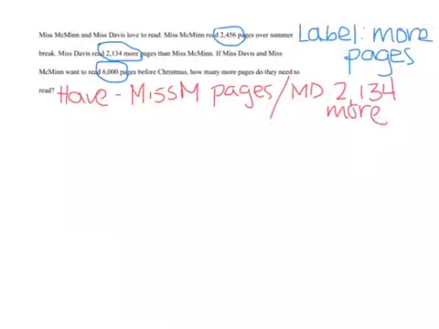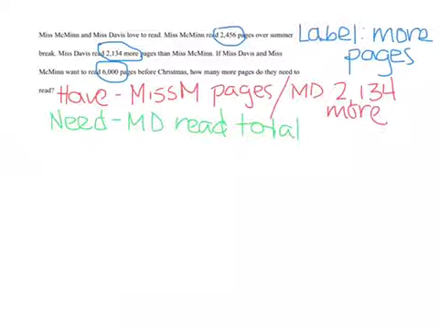Okay, what information do I need? Well, I need to know how many pages Miss Davis read total. And then I also need to know the total number of pages that both Miss Davis and Miss McMinn read. So total for both. Okay.